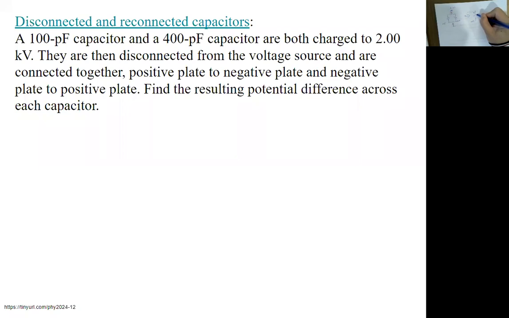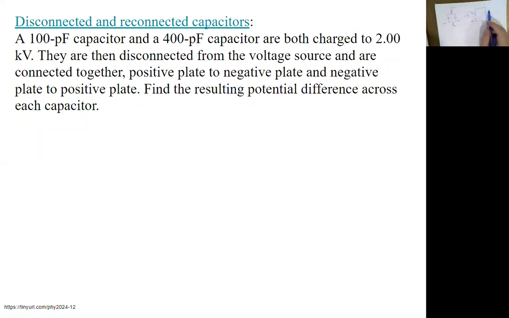And on this side, now you will have to flip this one, so the negative is on top, positive is on the bottom. You reconnect them in that fashion. So this is the 400 picofarad. You have positive Q1 here, and negative Q2 here.